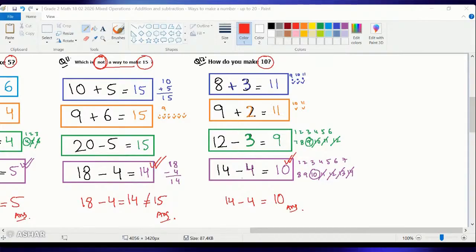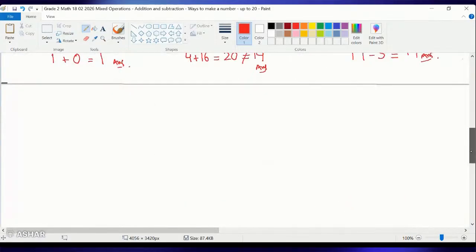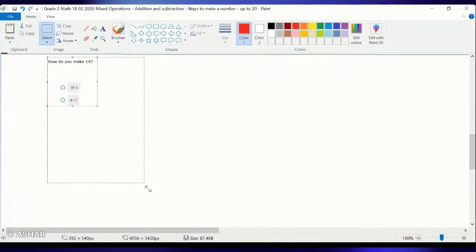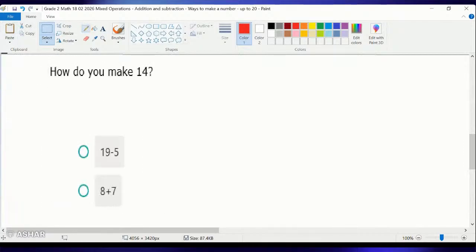For the first question, we are given 2 options. How do you make a 14? Just a minute, please. Let me copy. The first question from the test says, how do you make a 14? This is our question number 1 from the test.